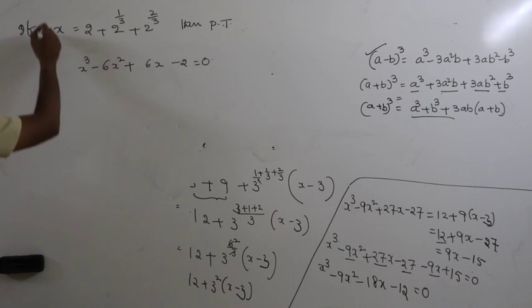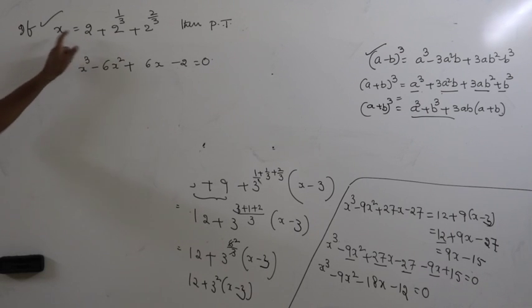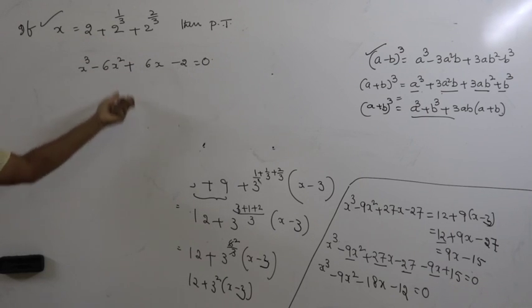So, this will do the problem. Same process: x minus 2 is equal to this, keep the cube on both sides, same process.